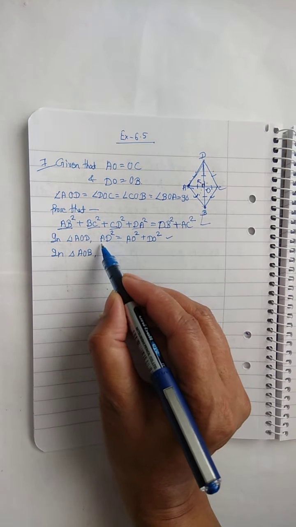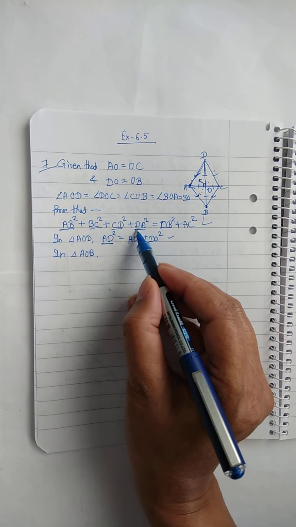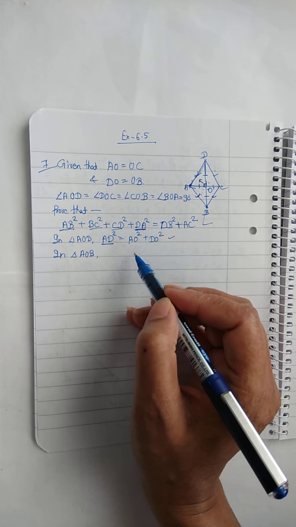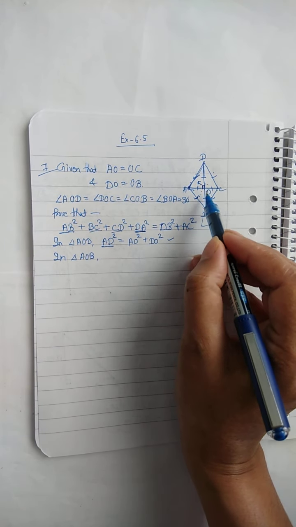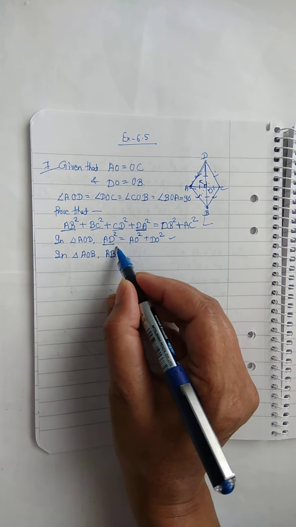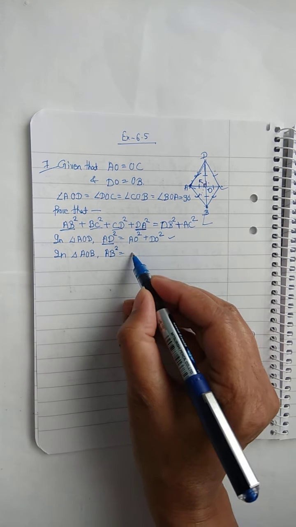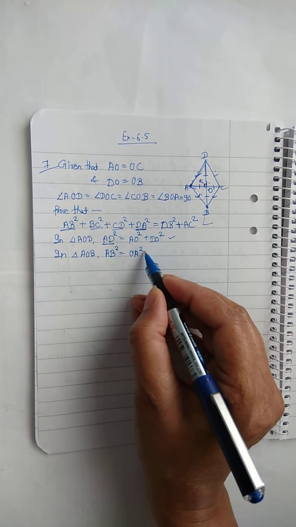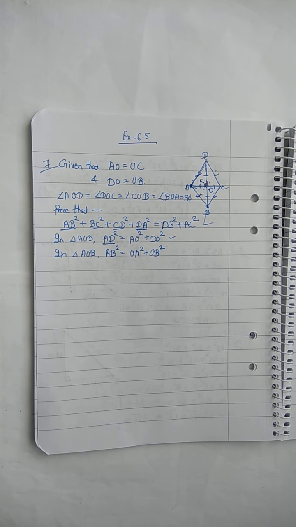That is why, see, we are able to calculate AD square. So AD square I will put it here, correct? So that is why I am using this triangle AOB. So in AOB, what is the hypotenuse? AB square, right? So AB square equal to OA square plus OB square, right?